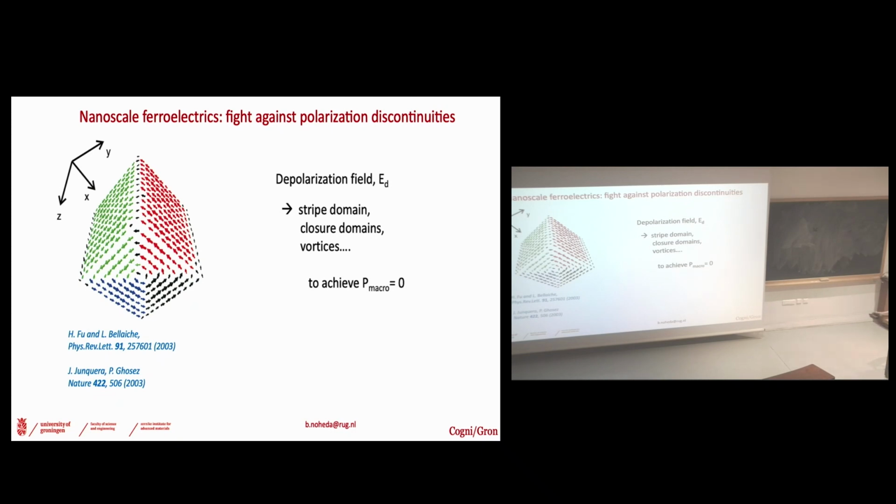So bubbles, vortices, skyrmions, all kinds of things. So if you then try to go to a very small size of ferroelectrics, then most likely you are going to find no net macroscopic polarization that you can switch and use as a memory.